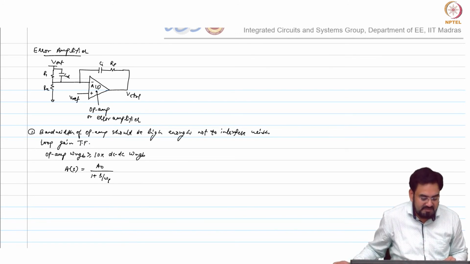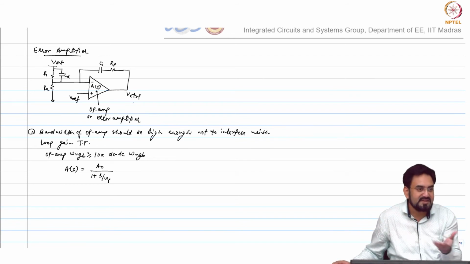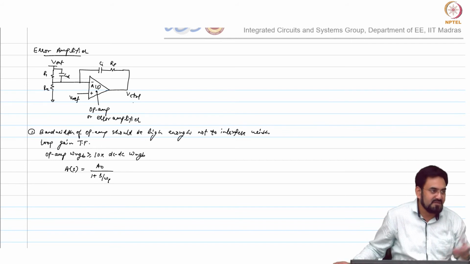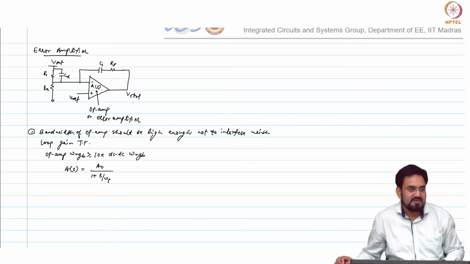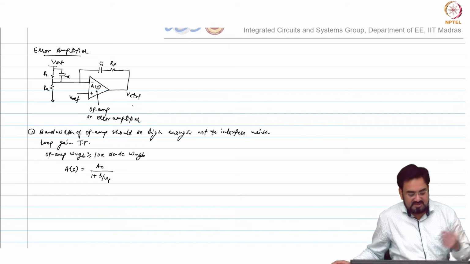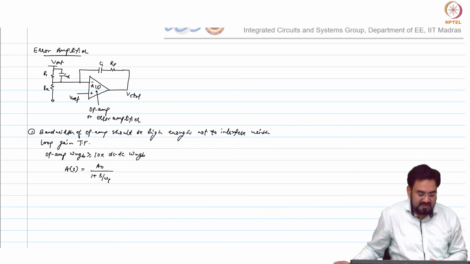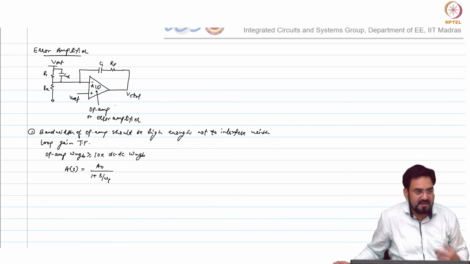Because one thing you have to remember, this op amp is not in the open loop. We have a closed loop network around that. So that's why we are not looking at 3 dB, but if you want to keep 3 dB at 100 kilohertz, then you can imagine what kind of UGB is required, order of gigahertz also, which is almost impractical. So whenever you connect any op amp in a feedback, then you always look for UGB.